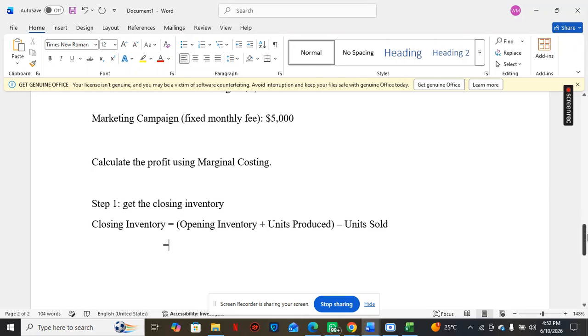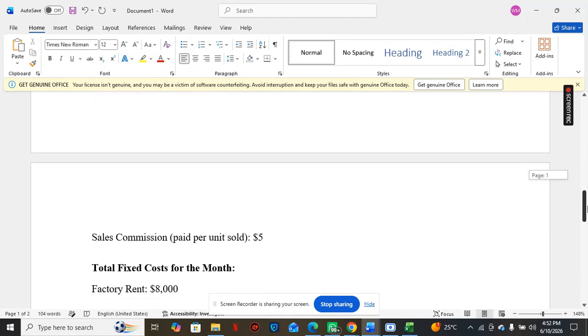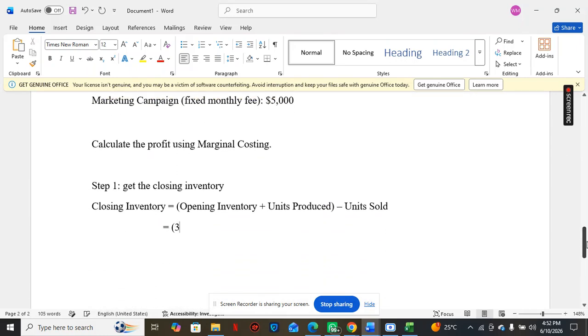So opening inventory 300 units plus 1,000 units produced minus 800 units sold. 300 plus 1,000 is 1,300, minus 800, you get 500 units.